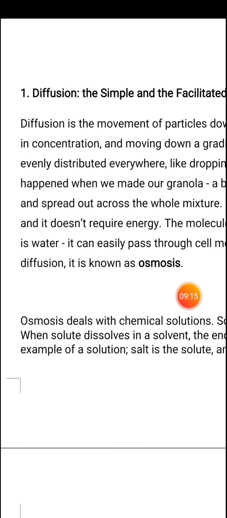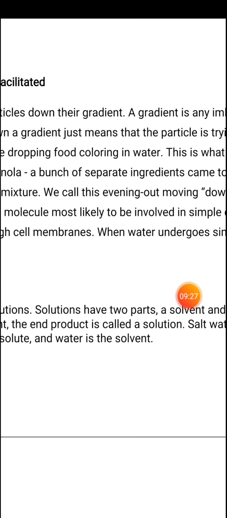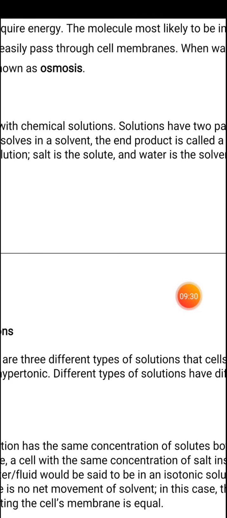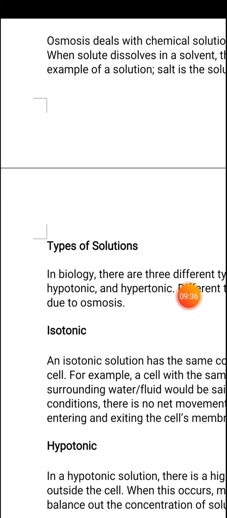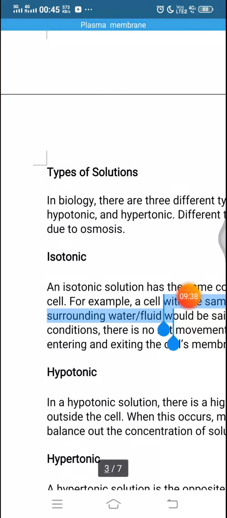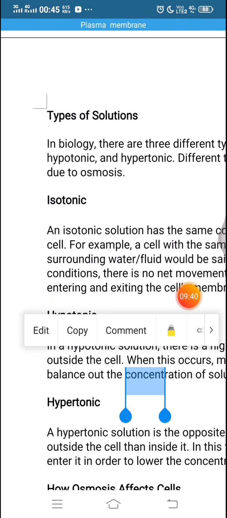So what do you mean by osmosis? Osmosis is a special type of diffusion in which the solvent will move from the higher concentration to the lower concentration. For example, there are three types of solutions: isotonic, hypotonic, and hypertonic.